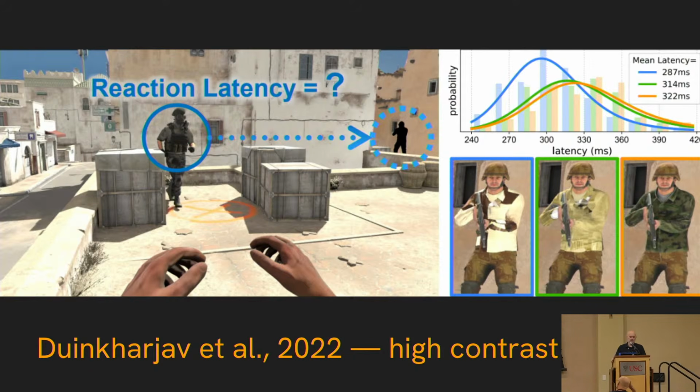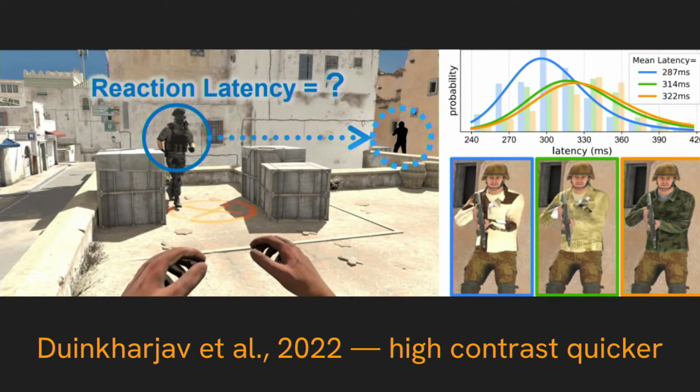And this is recent work at SIGGRAPH by, here we go again, Dwing Garajov and colleagues from NYU at 2022. They did some of this informative rendering work. What they found was that as the contrast of enemies was increased, right? Here's a low contrast enemy and a high contrast enemy.